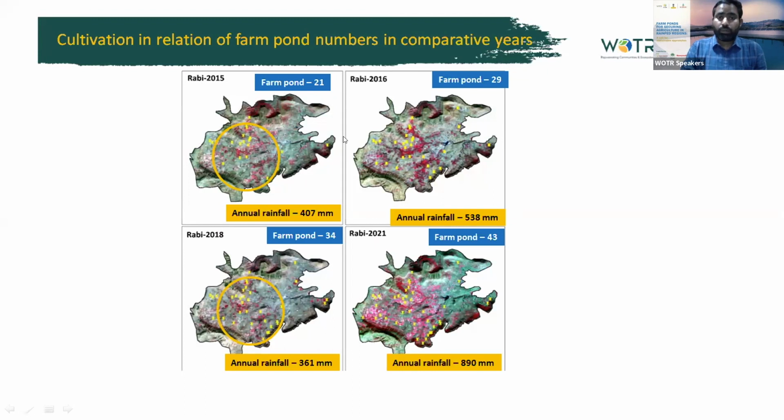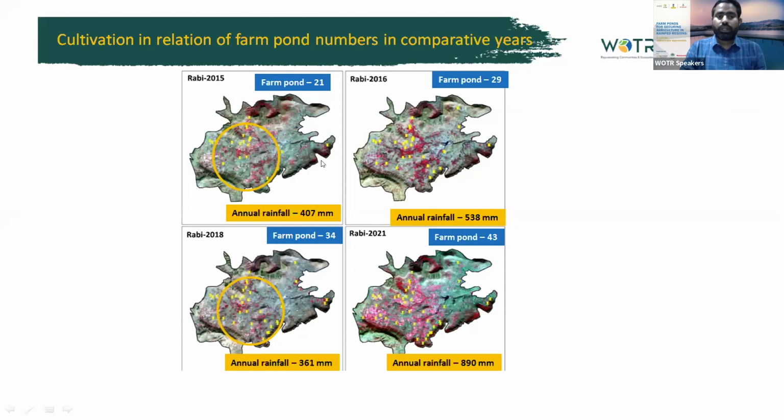But this is one aspect of looking at it. When we see where they are filling it from, as we have seen in the previous slide, these farm ponds are being filled from the groundwater, even in the drought year. And in the drought year, there are more evaporation losses also. So this is one aspect which we have investigated.